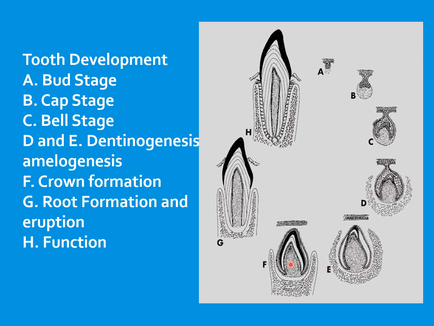In E and F, crown formation development. And in G, when there is the tooth eruption, or called root formation and eruption. And H, when the tooth has reached the occlusal plane and is in function.